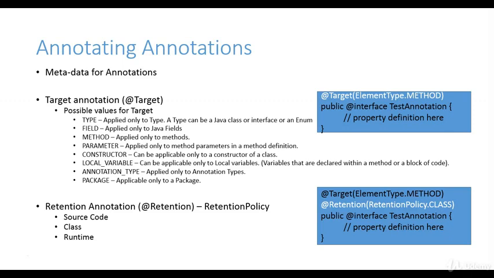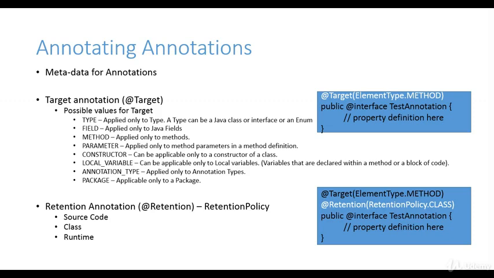So if the value is source, the annotation will be retained only within the source file. If it is a class, then it will be retained only till the stage of its compilation into a class file. And if it is runtime, then it will be retained all along the runtime as well.